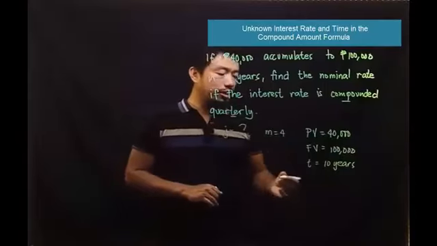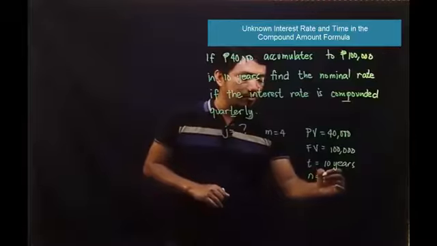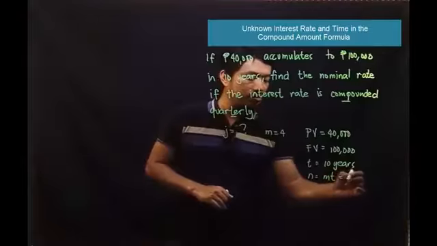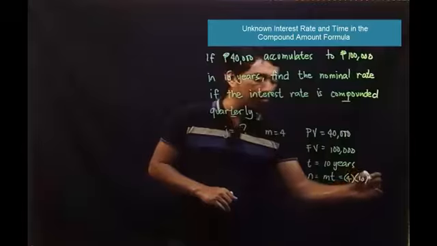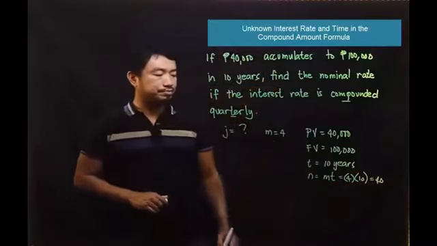Since this is compounded quarterly, therefore, the number of compounding periods given by the formula N equals M times T, where M is 4 and T is equal to 10. Therefore, we have 40 quarters.